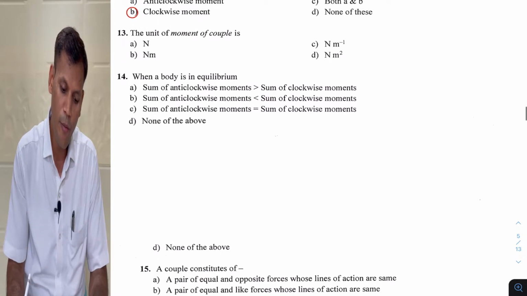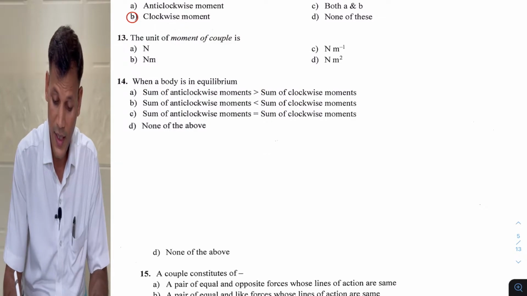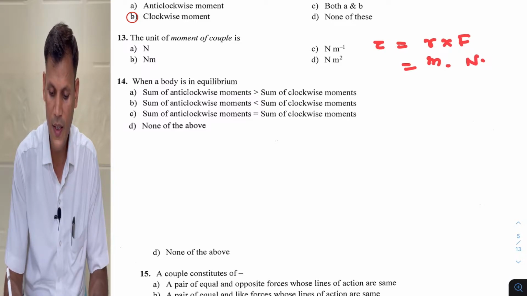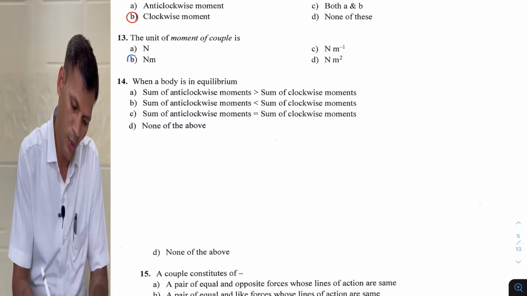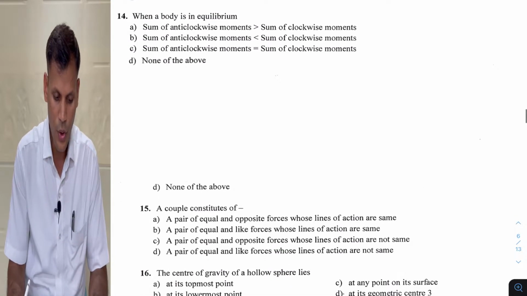The unit of moment of couple, once again I will say moment of couple, that is torque, is R into F. Unit of force is Newton, unit of distance is meter, so it is Newton meter. So answer is Newton meter. Next is question number 14.